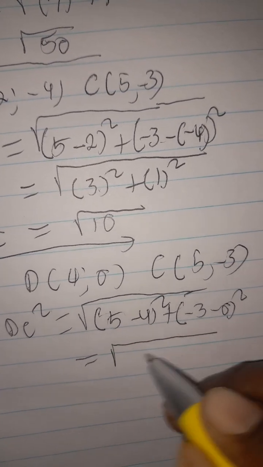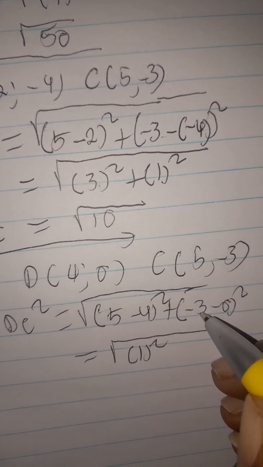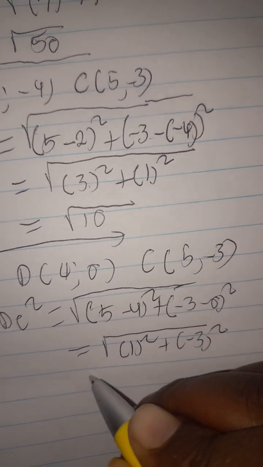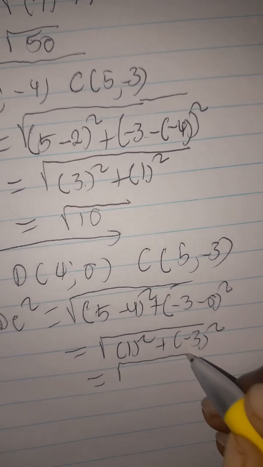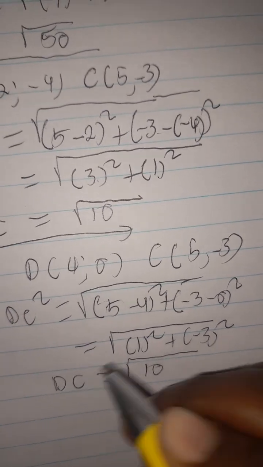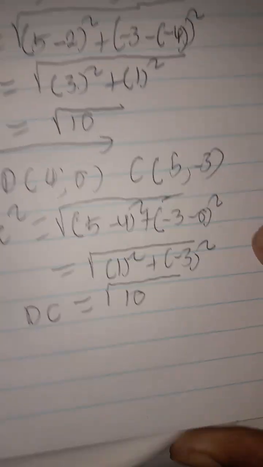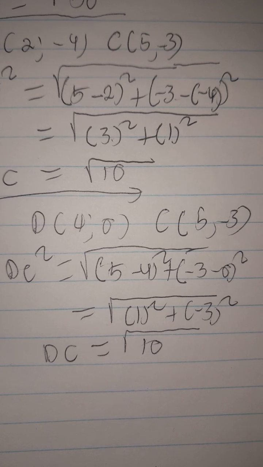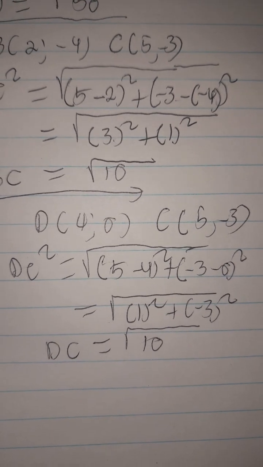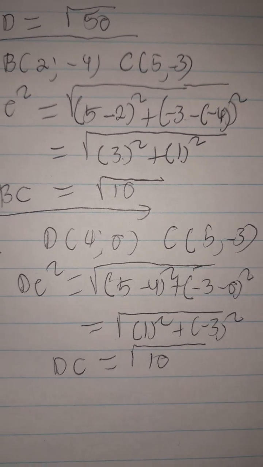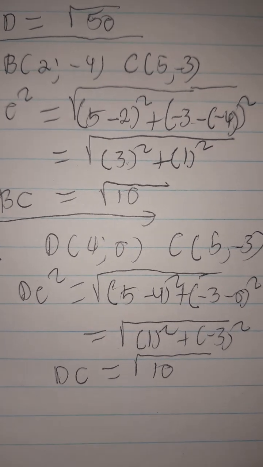Then that will be 1 squared, negative 3 minus 0, that will be negative 3 squared. 1 squared is 1, 3 squared is 9, 9 plus 1 is 10, making DC root 10, equal to BC. Thus we could say that two adjacent sides are equal, therefore this is a kite, right? So we have proven that ABCD is a kite.